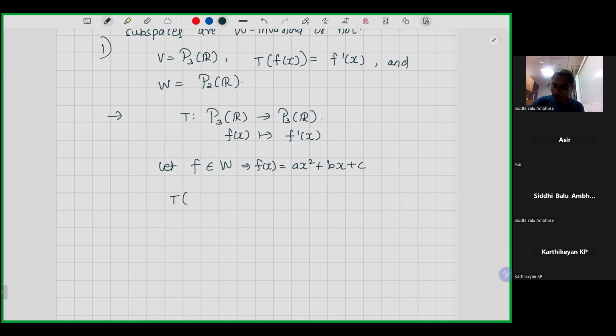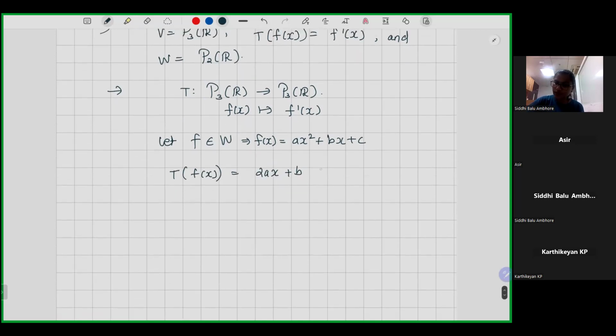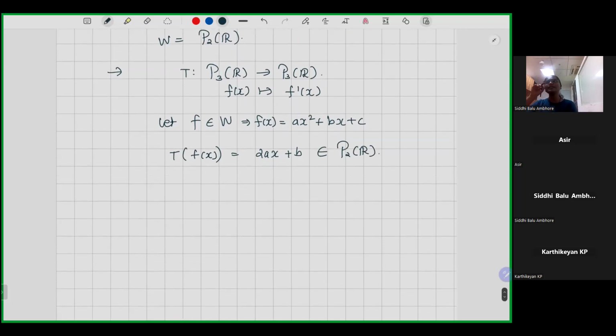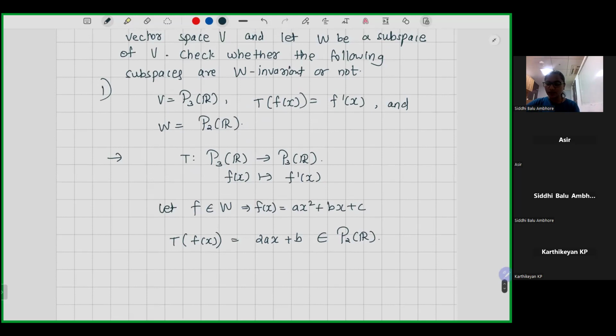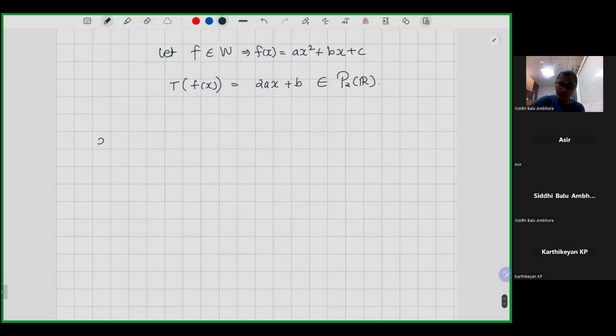Then what is T of f of x? It is just 2ax plus b, which anyway belongs to P2(R), right? So that's why it is invariant. So that's not a problem. Is it okay?